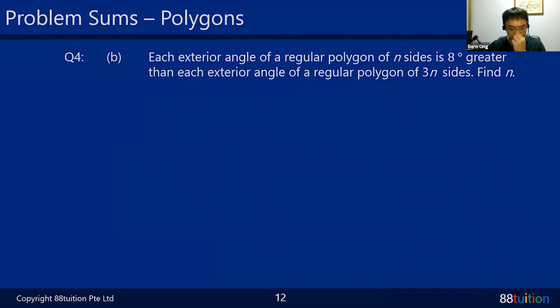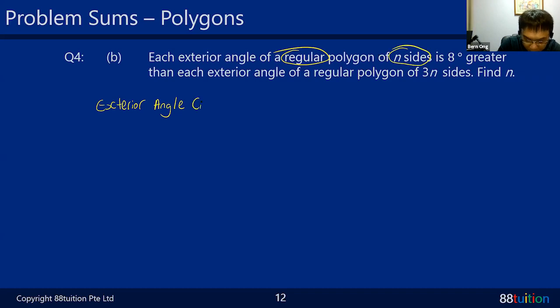Okay, 4B. Each exterior angle of a regular polygon of n sides. So this is regular again. They're talking about exterior angle. This is for the n sides one. Compare with the what?